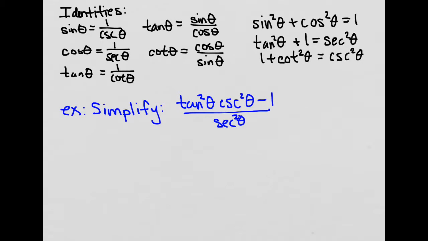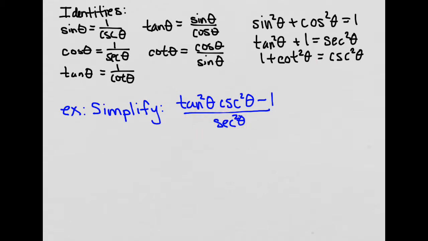Okay, so this example is a little more complicated. And again, we want to try to simplify this into maybe 1 or 2 just trig functions, the smallest amount that we can have. So whenever I see something squared, I know that I might use a Pythagorean identity. Let's go ahead and rewrite these in terms of sine or cosines if possible first.